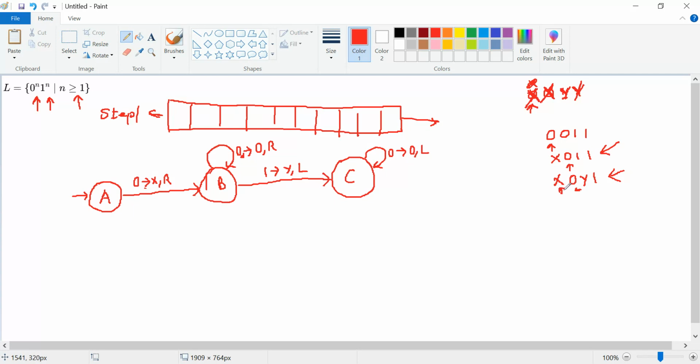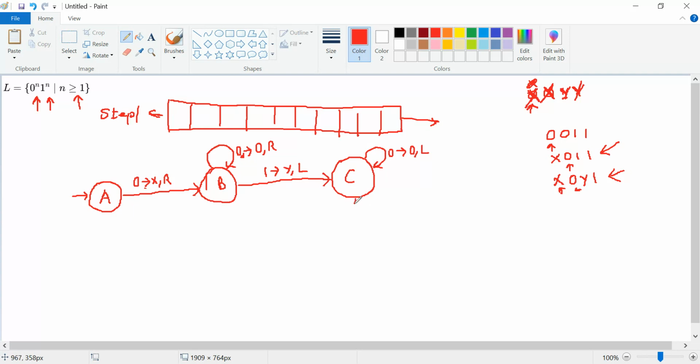When you see x, you know that there are no more zeros to the left of x. The next zero after x is the first 0 that you're looking for. So if I see an x here, I have to move right and look at the next zero.